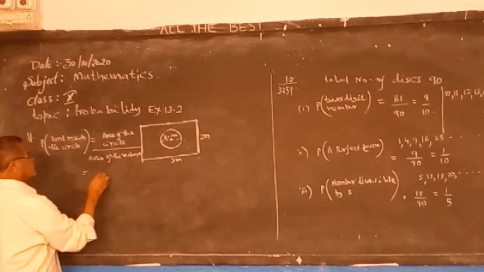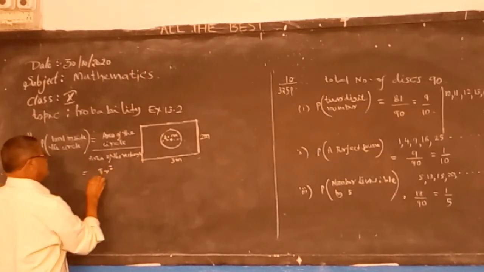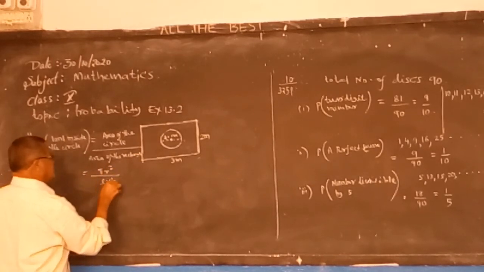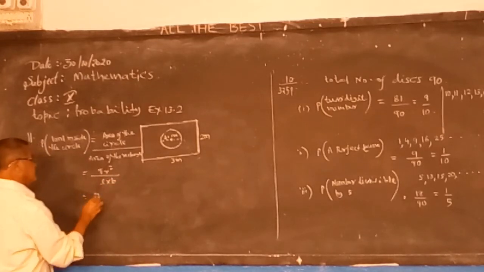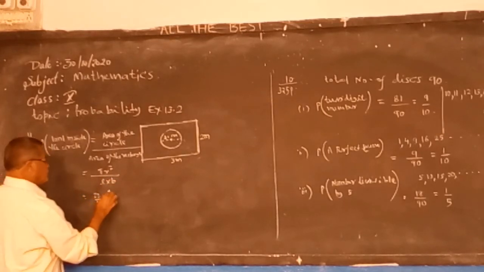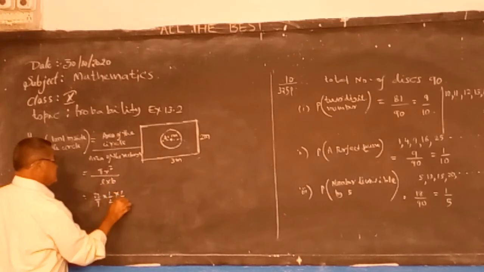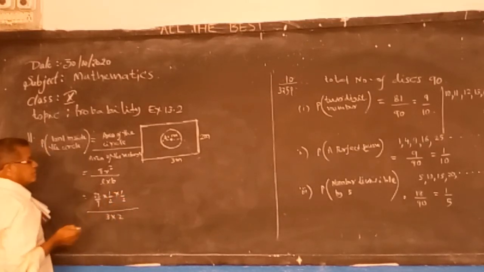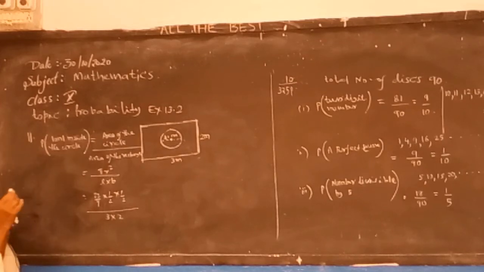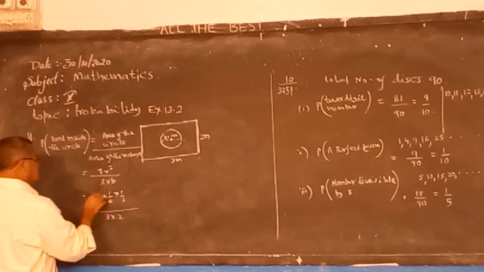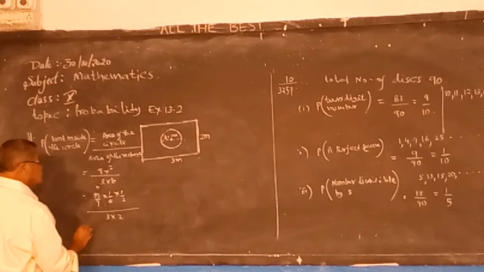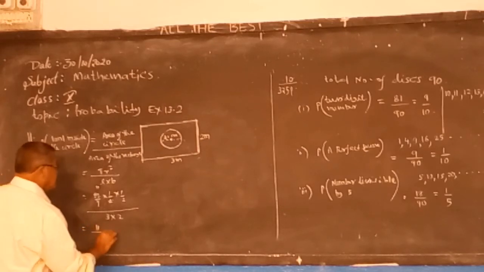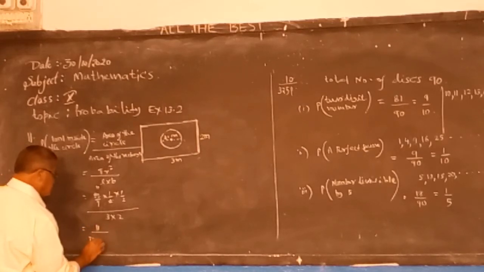The area of the circle formula is pi r squared, and the rectangle is length into breadth. Pi is 22 by 7, radius is 1 by 2 meter, length 3 meters, breadth 2 meters. Now see, 2 elevens are 22. So 11 by 7 into 2, over 3 into 2.